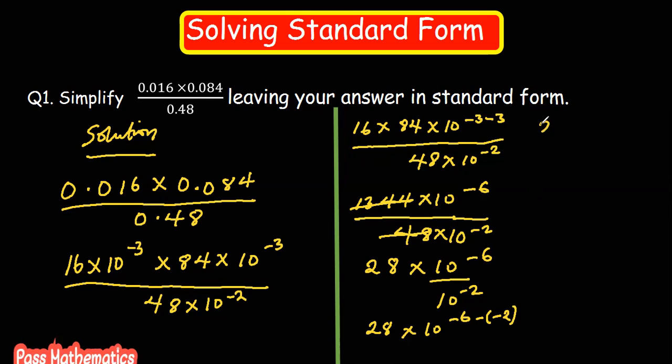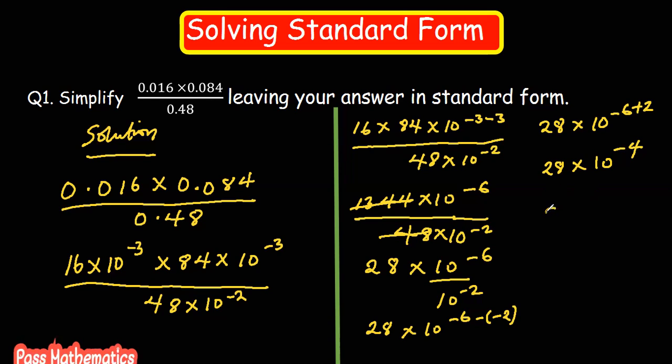So we have 28 times 10 raised to the power of, what do we have now? This is going to be minus 6 plus 2. Then we should have 28 times 10 raised to the power of minus 4, right? Let's change this 28 into standard form.